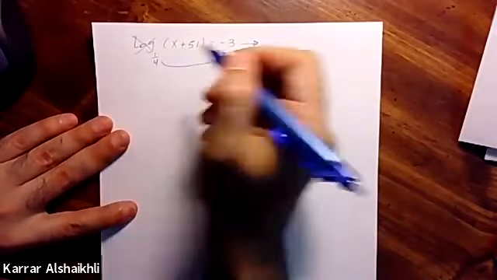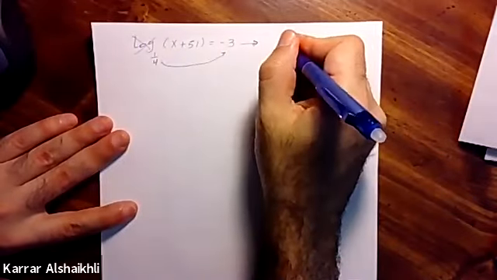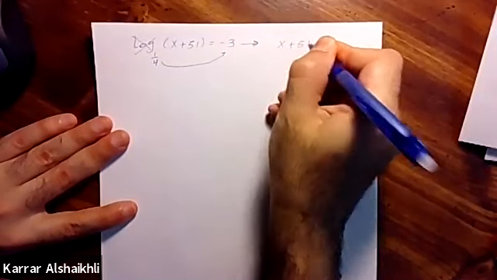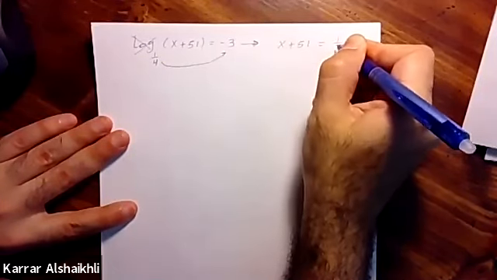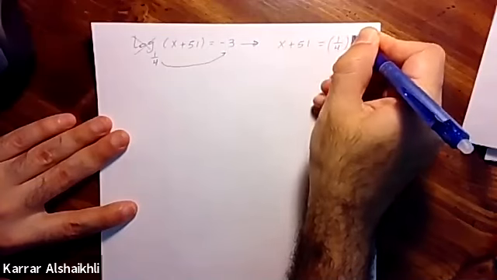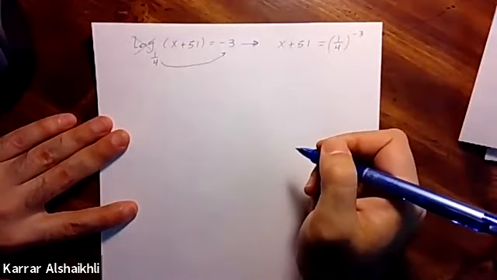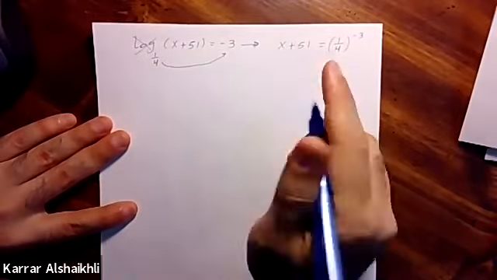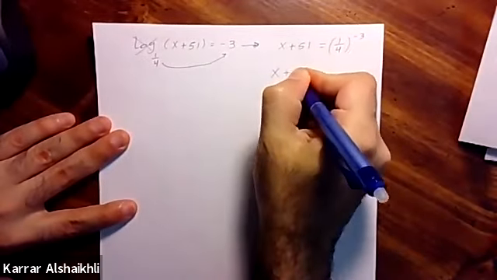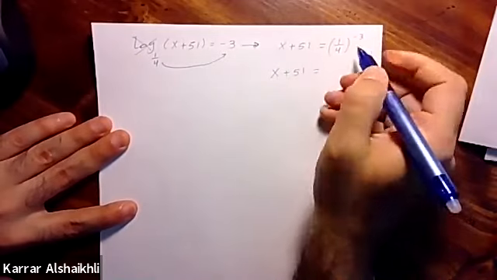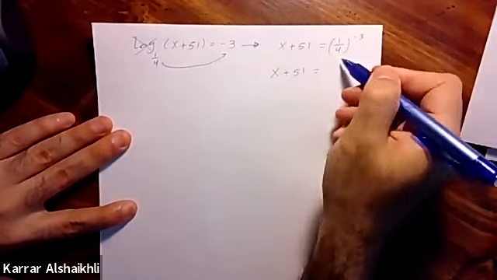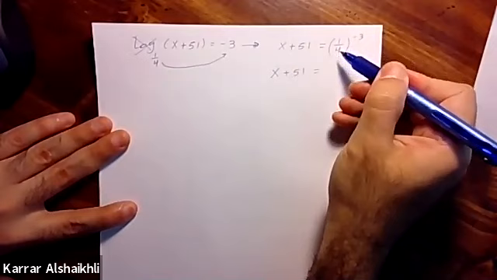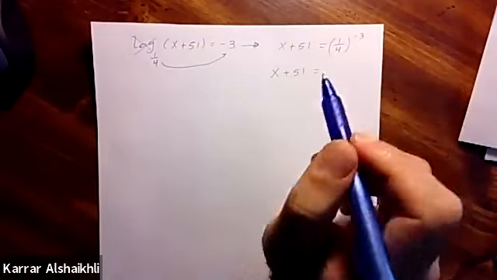Cancel the log, so the leftover here is going to be x plus 51 equal 1/4 to the -3. Now here's the thing, x plus 51, you can't do anything. This part here, you can use the calculator. You're just gonna say 1/4 to the -3.